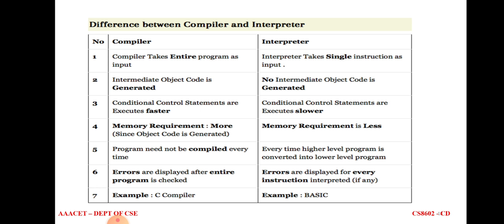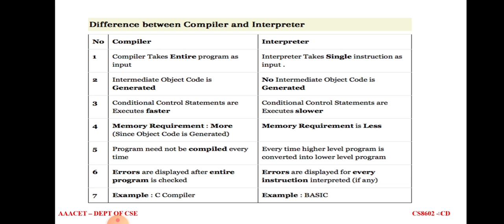For a compiler, intermediate code is generated, and for an interpreter, there is no intermediate object code. The compiler executes very fast, while the interpreter executes very slowly, because it takes instructions one by one. For a compiler, the memory requirement is very high, and an interpreter needs less memory.